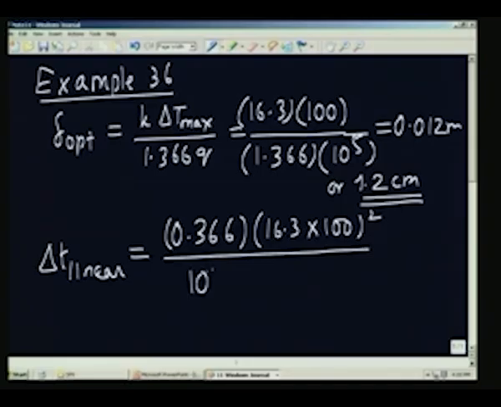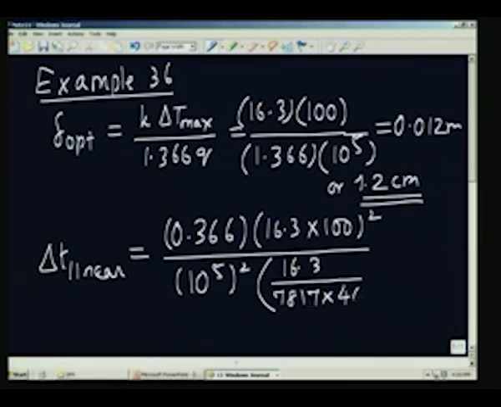Q is 10 to the power of 5 whole square. Alpha itself is given by K by rho C. I will write it like this: 16.3 divided by rho is 7817 multiplied by C is 460. These are the values which were earlier given on the board, and this will be in seconds, and this comes to about 21.5 seconds.